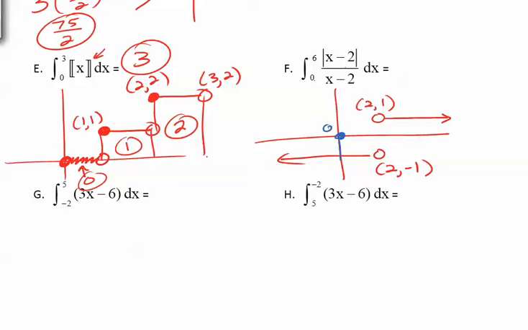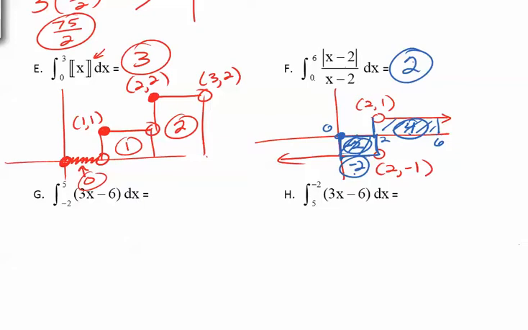So from 0 over to 2, we have -1, and then we jump up to go from 2 to 6. So let's think of these two rectangles. Below the axis, we have a 2 by 1, and I want to make sure I can see that that's a -2. And here we have a width of 4 and a height of 1. So we've got a -2 area and a positive 4 area.